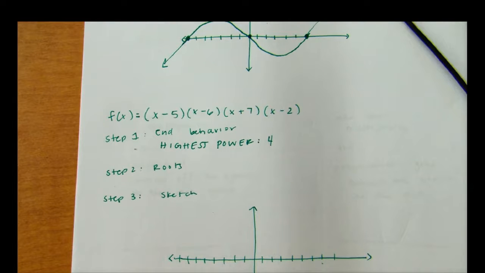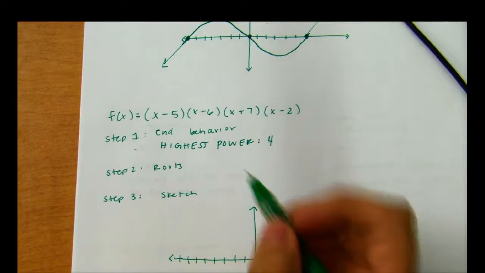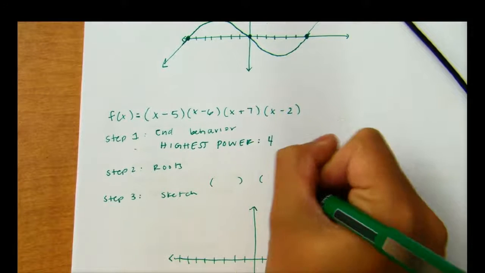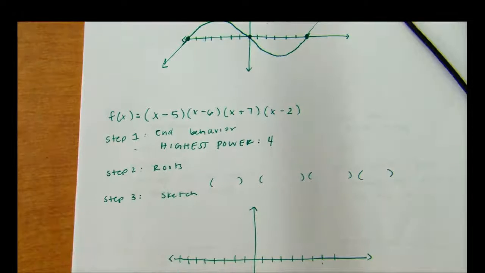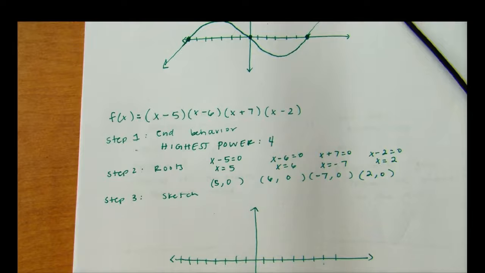Now I've got to go ahead and find my roots. I want you to find the coordinates for your 4 roots based on these 4 different factors. Go ahead and find those coordinates. Okay, go ahead and check your work for each of these 4 points. You should end up with the points 5, 0, 6, 0, negative 7, 0, and 2, 0.